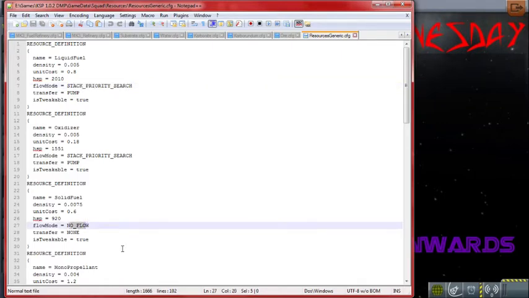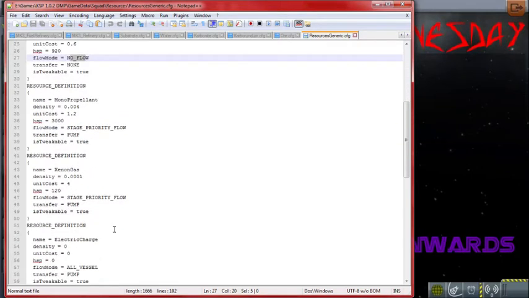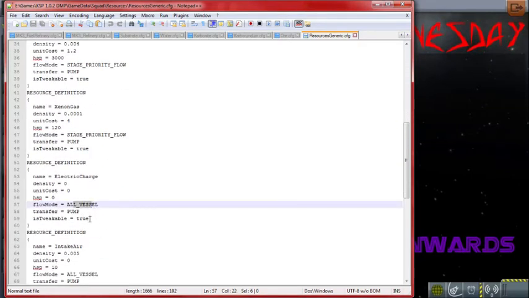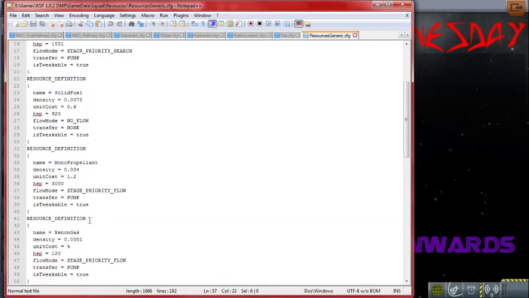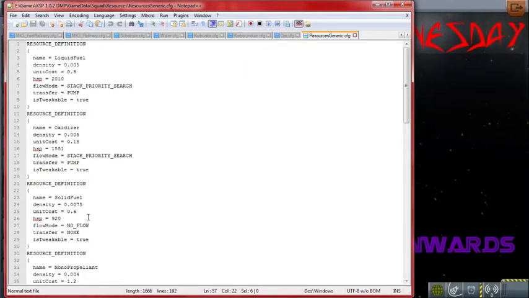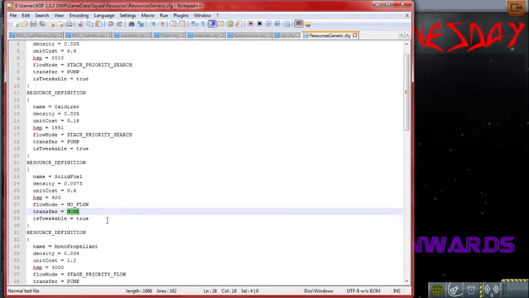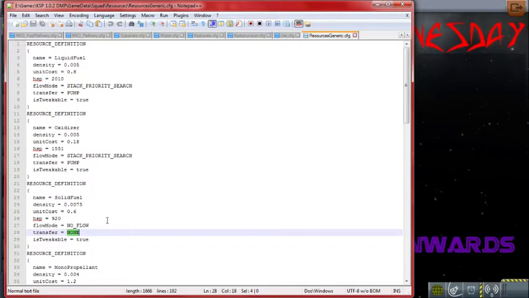No flow means that it won't flow from other tanks, it'll only take from the tank that's actually connected to it. And all of vessel will drain all sources at the same time at the same rate. Transfer equals either pump or none. So you either transfer it as you're drawing it or you don't.